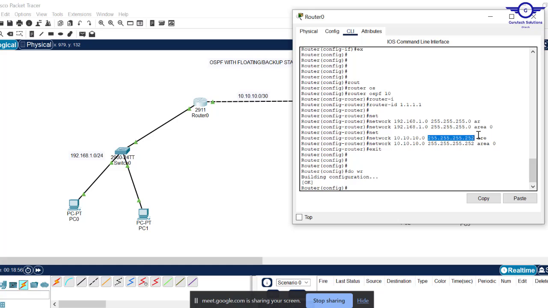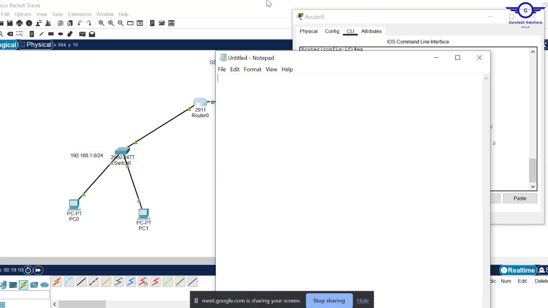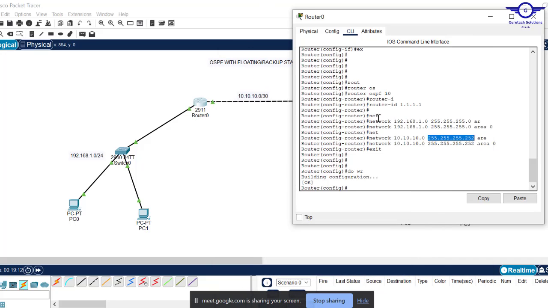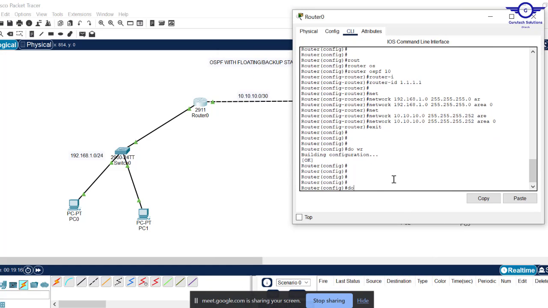But in this case, we have used just a normal subnet mask. So how will we know the wildcard mask? The first thing that we do, I'll open Notepad. After opening Notepad, I'll just tell you this. Do show start.